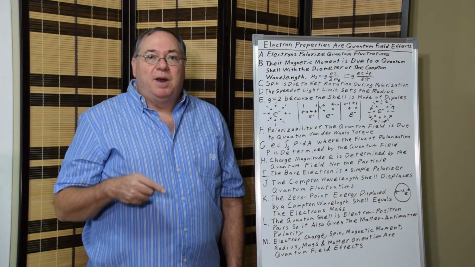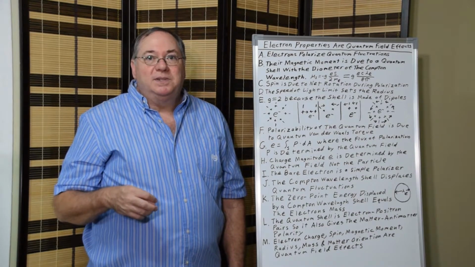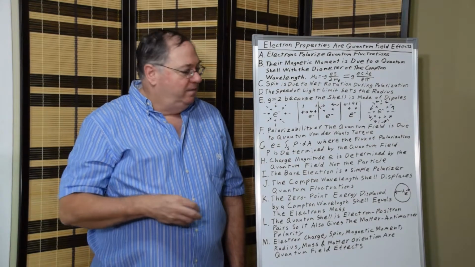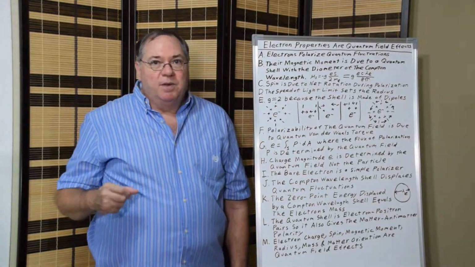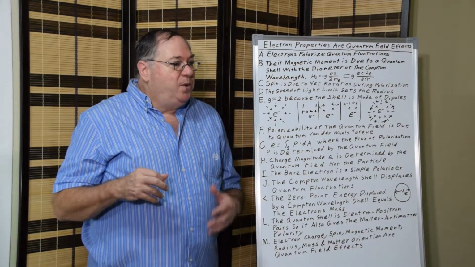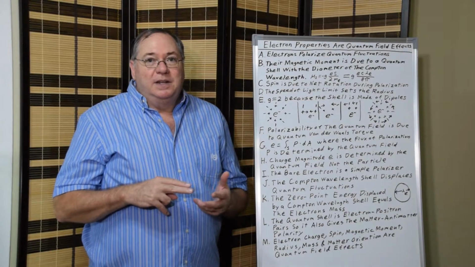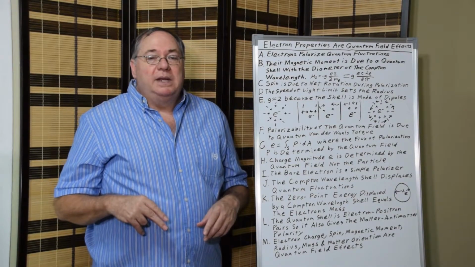Spin is not a property of the electron itself. Just like magnetic moment is not a property of the electron itself. It's a property of the quantum field. And so that gives us our second thing. We have spin and magnetic moment.